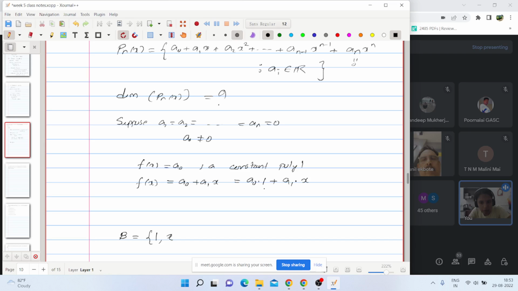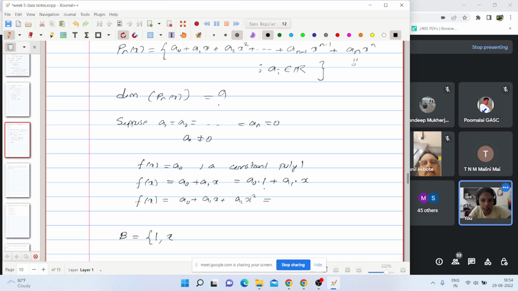Now I am taking the second degree polynomial, a0 plus a1x plus a2x square. In order to generate these elements, which one should I add to the basis? x square, right? This term is generated by the constant term, this by the x term, and this by x square.